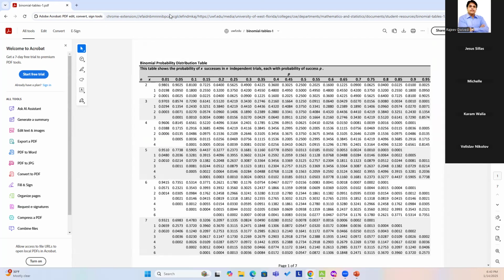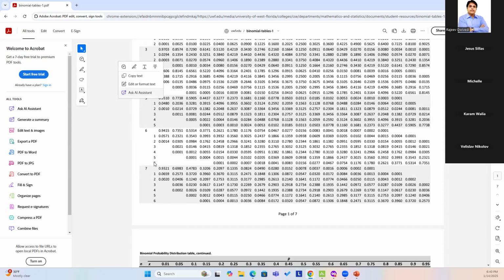Yes. Look here, you have the n value, this is the x value, and this is the p value. So what is our p? First look into the p value. p is this 10% right here. Now look into n. What is your n? n is 12.